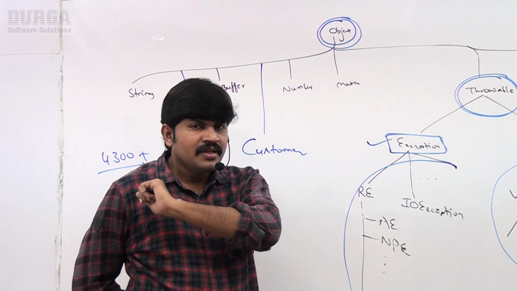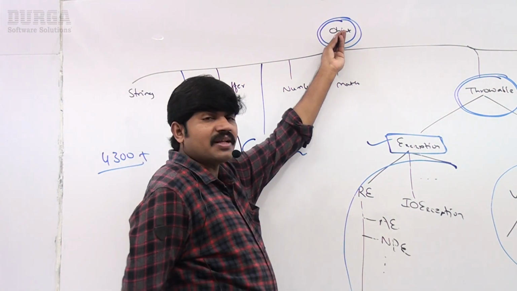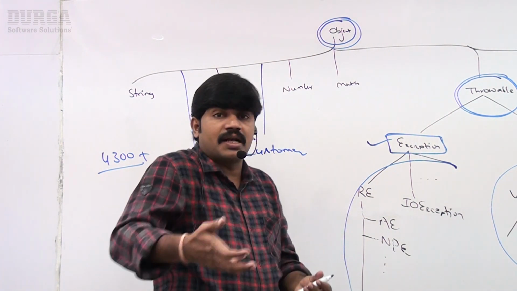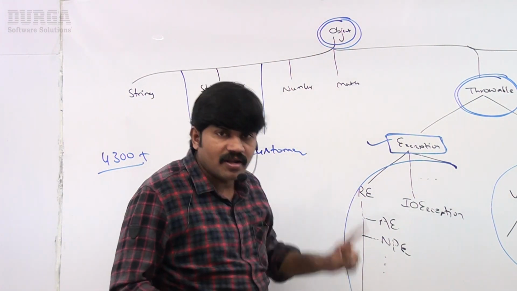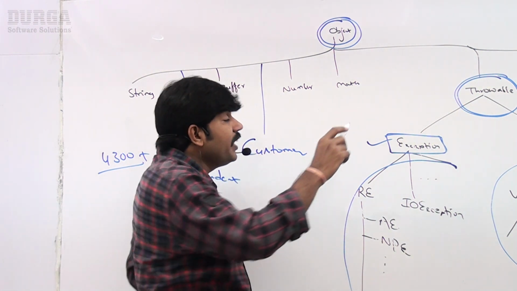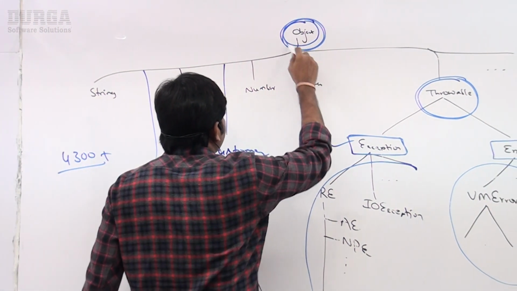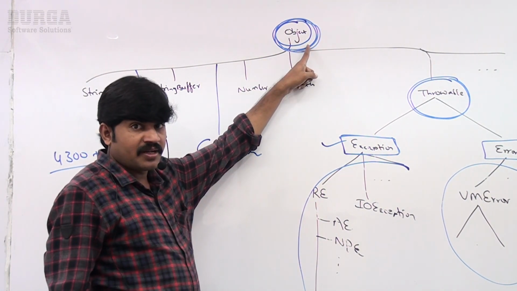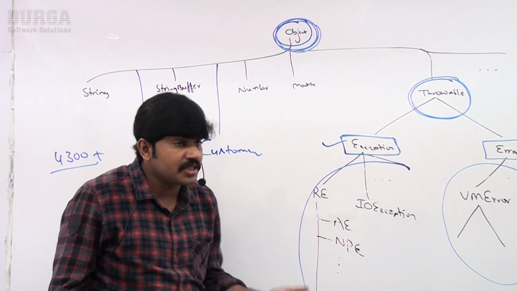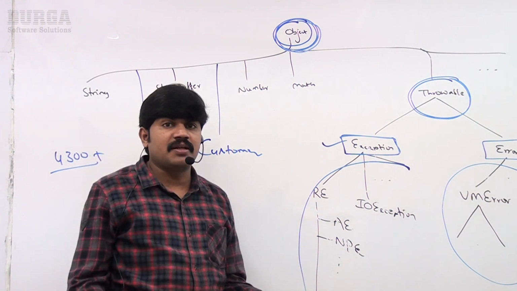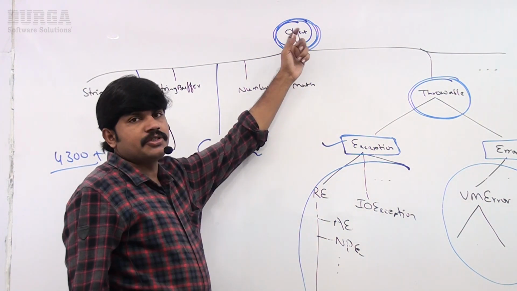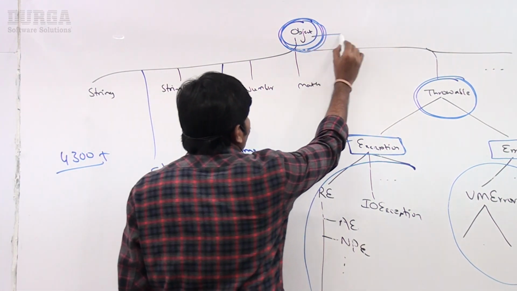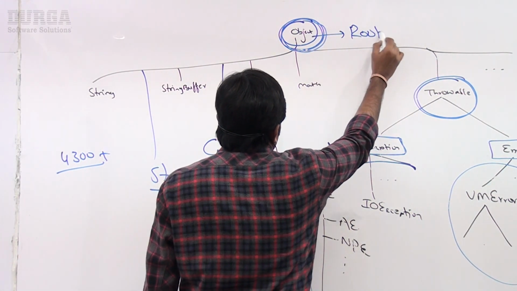Since these methods are required for every Java class, how can I make them available for all Java classes? By making this class the parent class. If it is the parent class, automatically the parent class methods are available by default for all child classes. That's why this class acts as the root for Java classes.